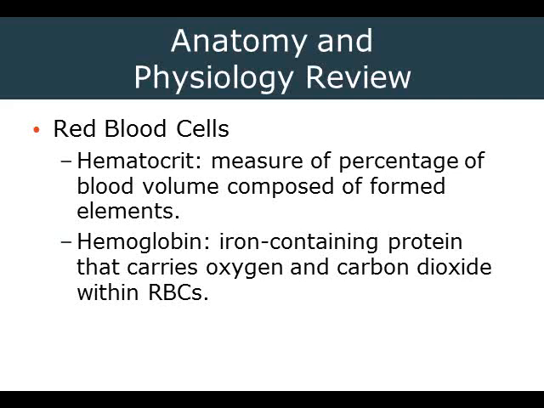In grams per deciliter, we have 14 to 17.4 for males and 12.3 to 15.3 in females as their normal amount of hemoglobin. It's kind of heavy stuff in the grand scheme of things, but remember it is composed of iron.